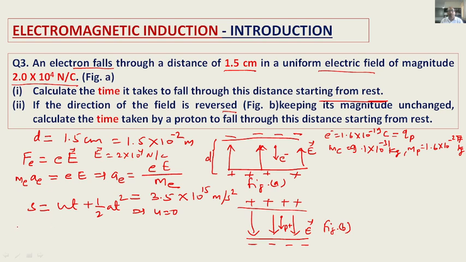So this will be s is equal to half at square, and time we can find as t is the square root of 2s divided by a. By utilizing this formula, we can substitute s. s is equal to d is equal to 1.5 centimeter, which is 1.5 into 10 power of minus 2 meter.